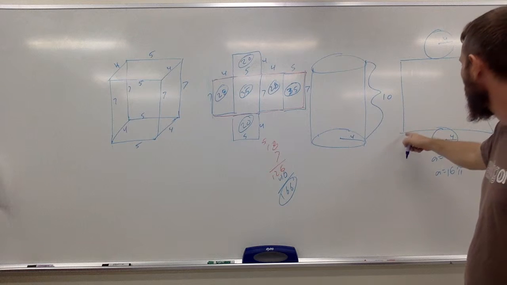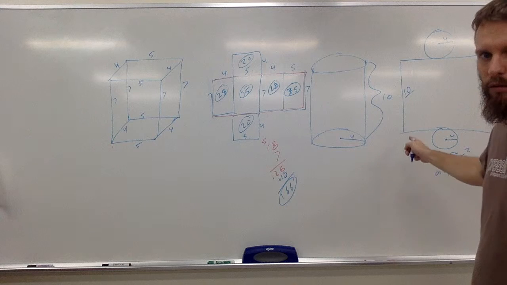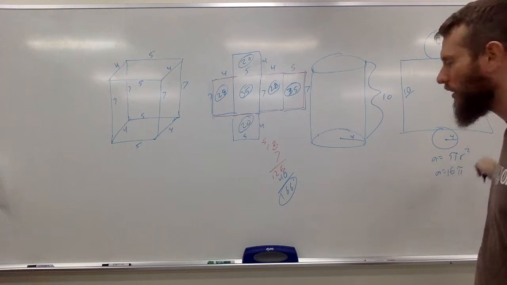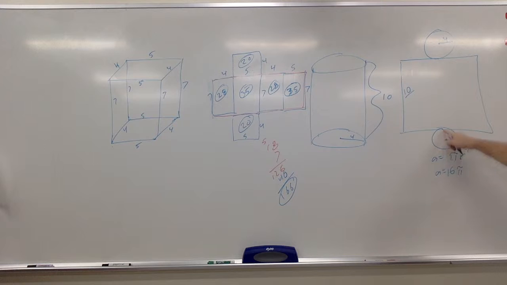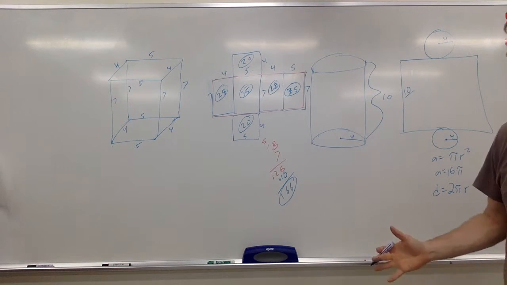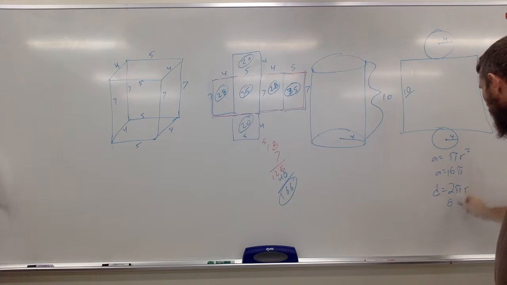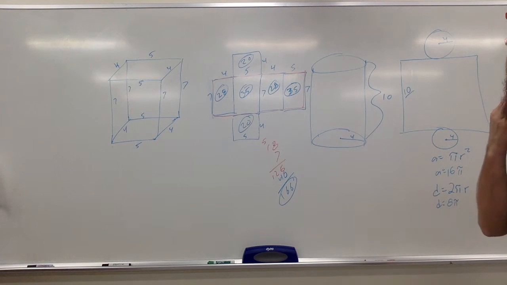And then we need to figure out, this is a rectangle, and we know that the height is 10, but we don't know what this length is. But if the length is the distance all around the circle, then the circumference equals 2 times pi times r. So 2 times r first gives us 8. 2 times 4 is 8.